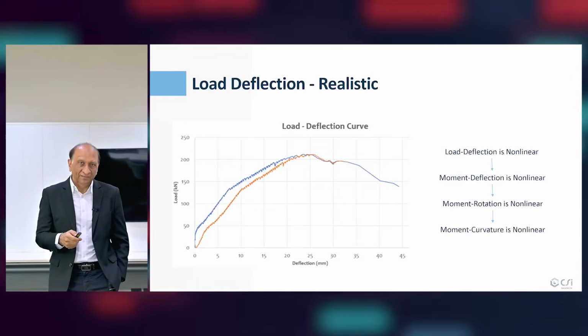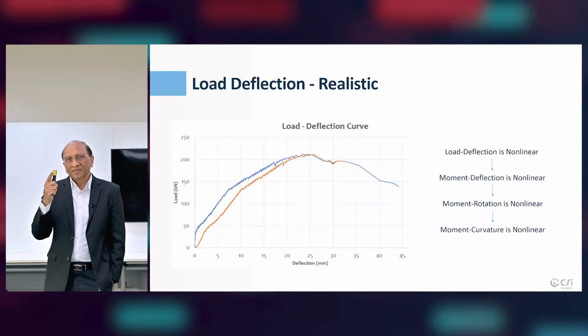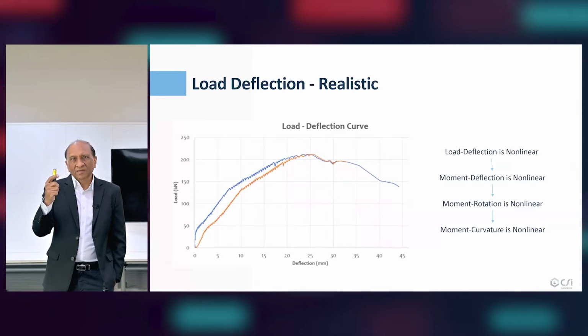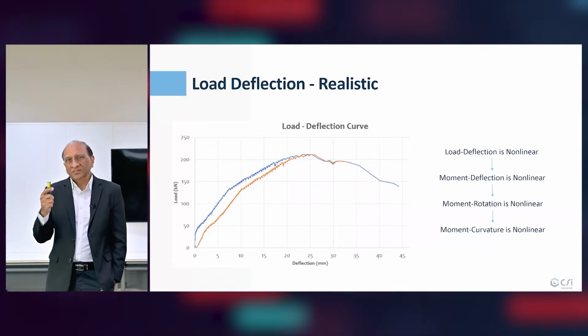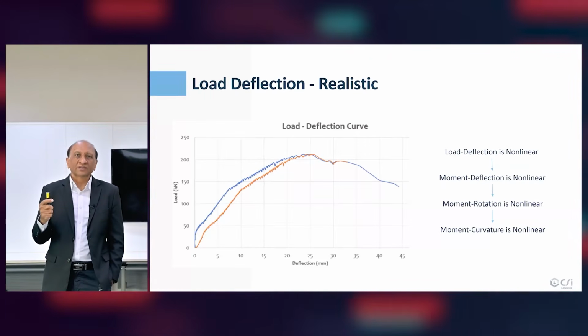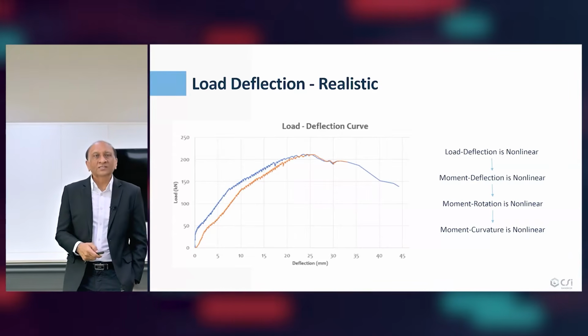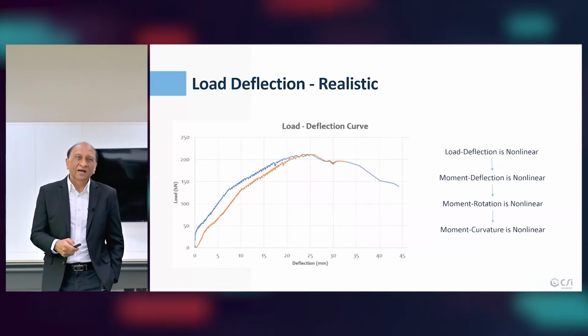And we can plot this curve between the load increase and the deformation, and we get this nonlinear load deflection curve. This nonlinear load deflection curve is coming from moment deflection, which is nonlinear, which is coming from moment rotation, which is also nonlinear, which is coming from moment curvature, which is also nonlinear. That means all the relationships in deformation are nonlinear.